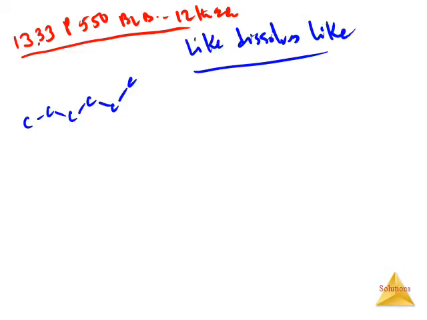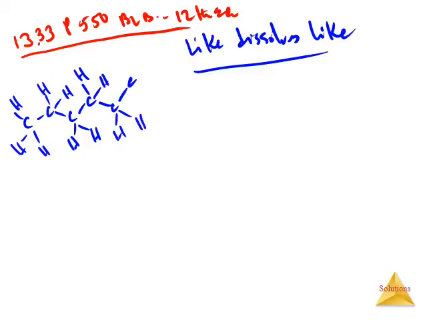So if I want to fill in, there'd be 3 hydrogens here, 2 hydrogens here, 2 hydrogens here, 2 hydrogens, 2 hydrogens. Always a neutral carbon would have 4 bonds.